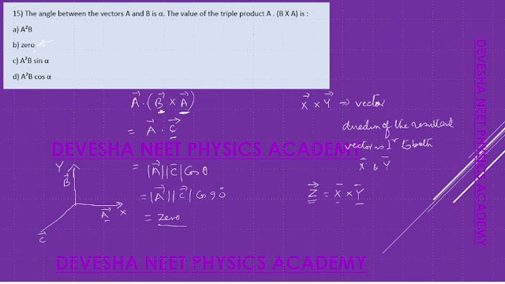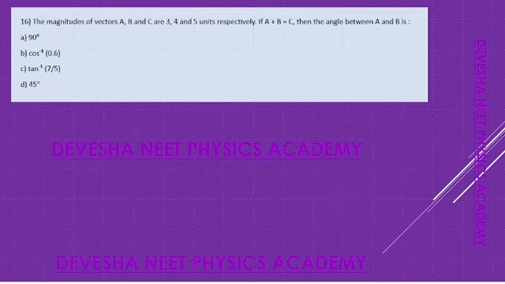Okay, let's go to the next problem now. The magnitudes of vectors a, b and c are 3, 4 and 5.